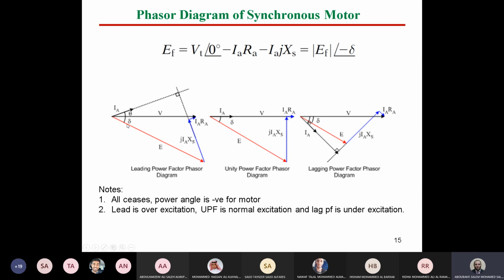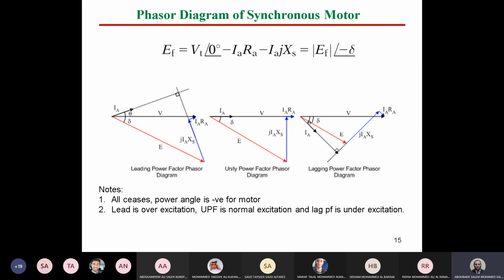As you can see here, delta is negative. The same is also true for unity power factor and lagging power factor. So we can say now, guys, that delta represents the power flow. Is it going to be motoring or generating? If it is a minus sign, this represents the motor operation. And if it is a positive sign, this represents the generating operation.